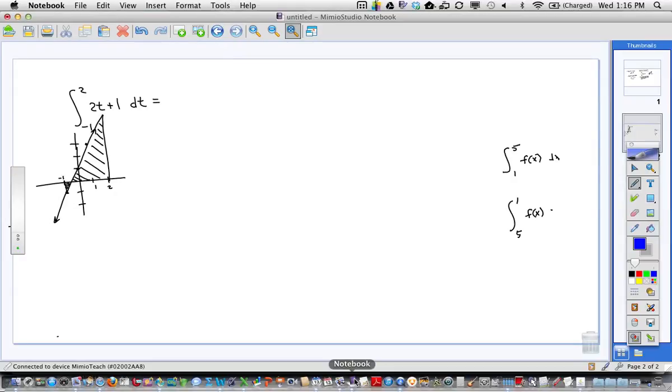We would want to think of that as backwards. We want this bottom number to be the little number and the top number to be the big number. That's the normal way to do it. That means you're going from left to right, from 1 to 5.